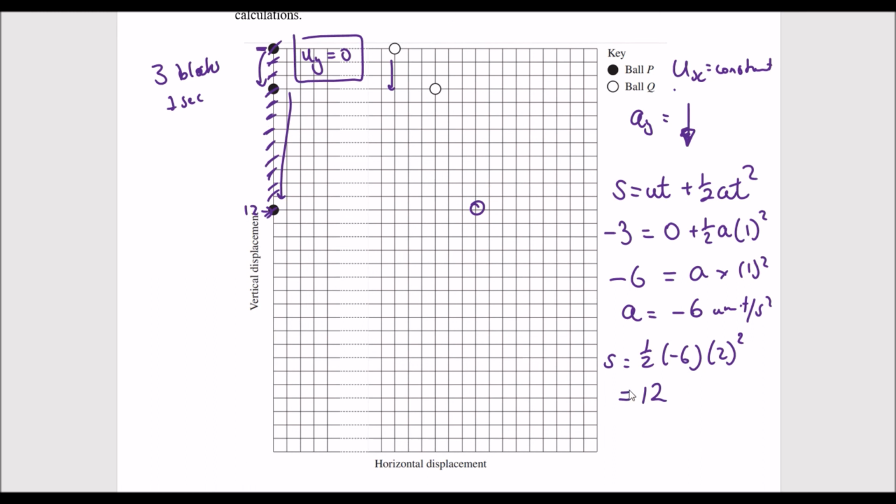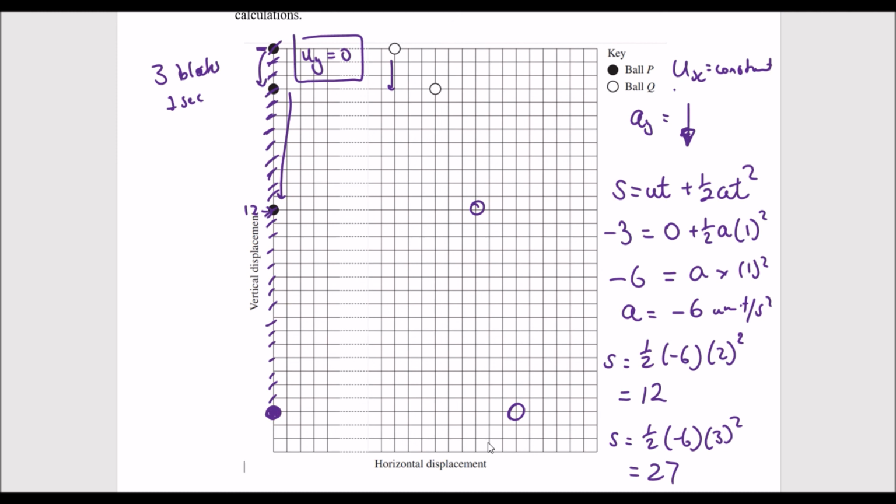So if I want to find the next one, the third time lapse, 3 squared, it should be about 27 boxes down. So we have 13, 14, 15, 16, 17, 18, 19, 20, 21, 22, 23, 24, 25, 26, 27. So that's where it will be next. And therefore, our cannonball Q will be on the same vertical displacement, but it will have traveled 3 additional boxes to the right. So 1, 2, 3. And that's how you solve the problem.